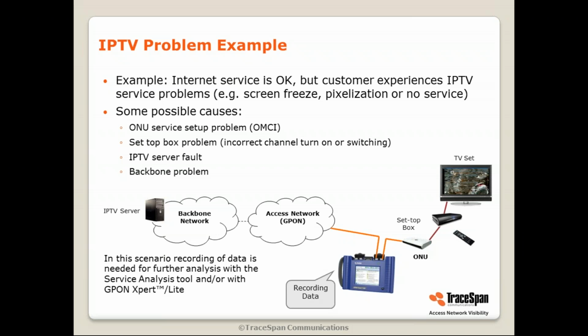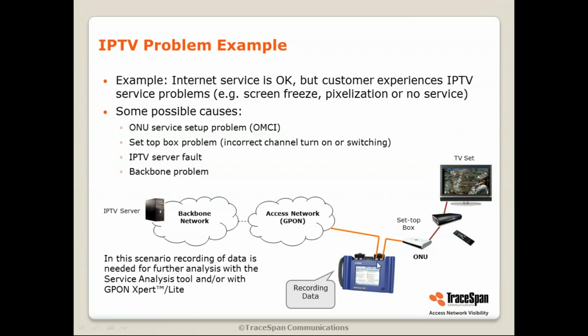It could be related to the PON itself, as an example, service setup on the ONU or ONT with a protocol called OMCI. It may be a problem of the set-top box, like turning on the incorrect channel or switching channels unexpectedly. A fault of the IPTV server, a fault of the backbone.